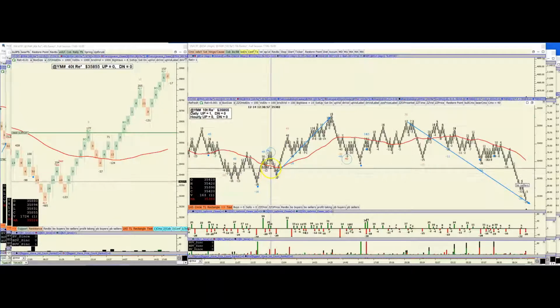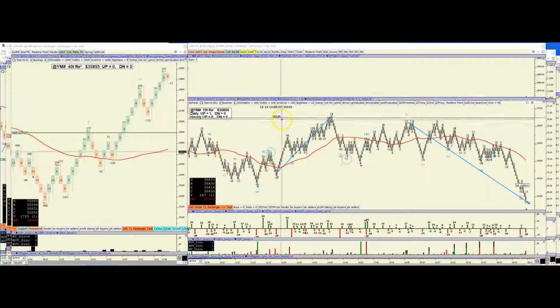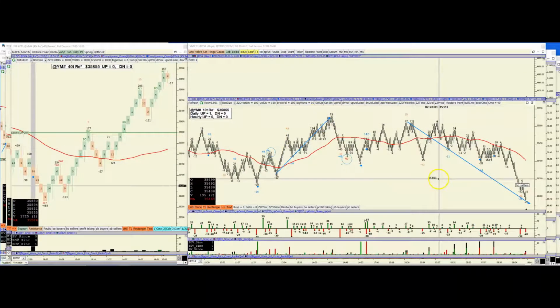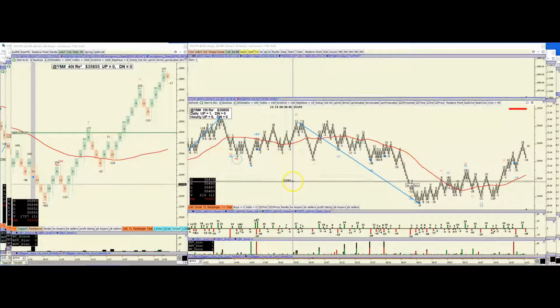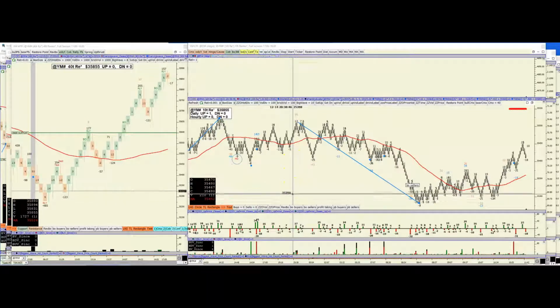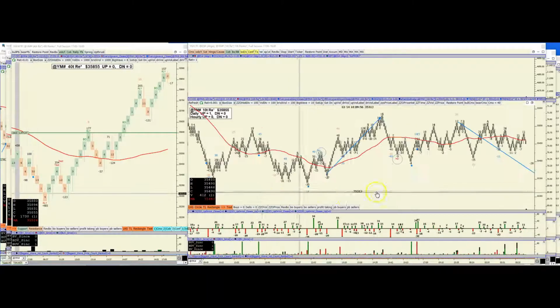Let's see, 1, 2, 3, 1, 2. This is a 5R move. This I think is probably like 6, 7, 7R or almost 8. I'll just call it 7R.